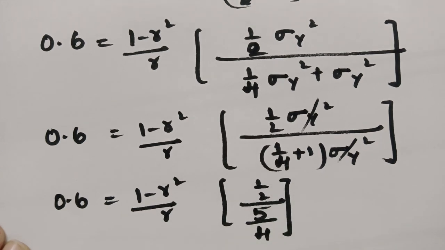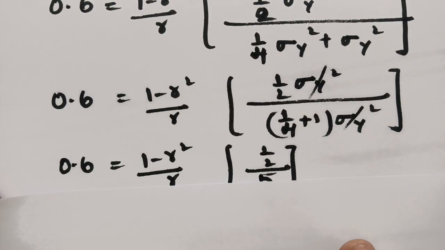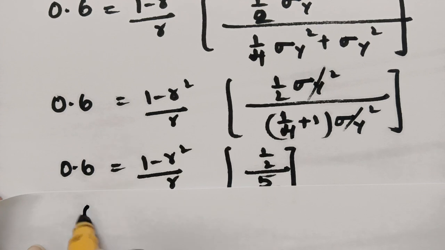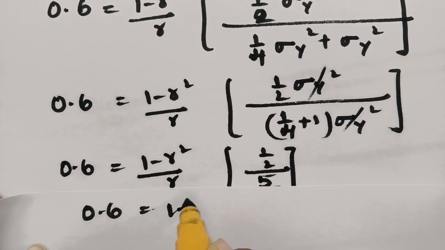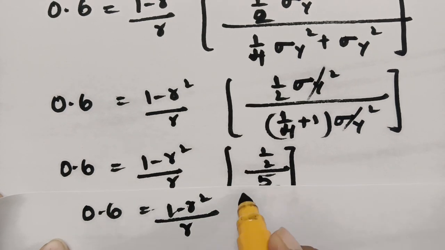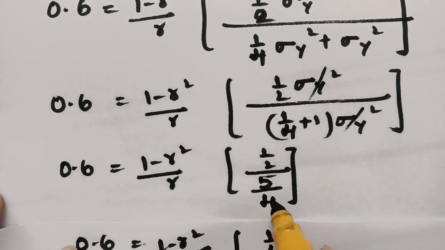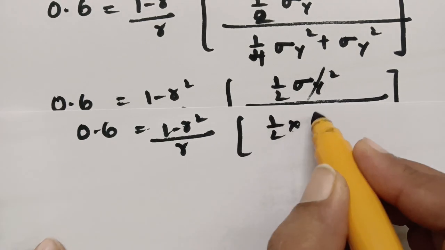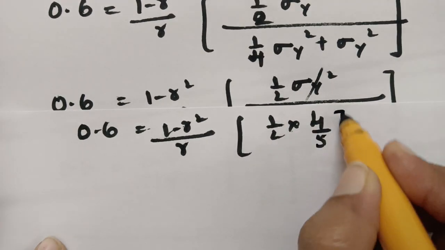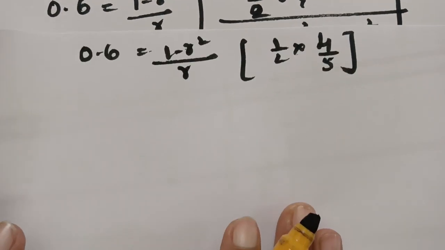And now the next thing: 0.6 is equal to (1 minus r square) by r, into half, and if you send it to the numerator, this will be 4 by 5, so the division becomes a reciprocal.